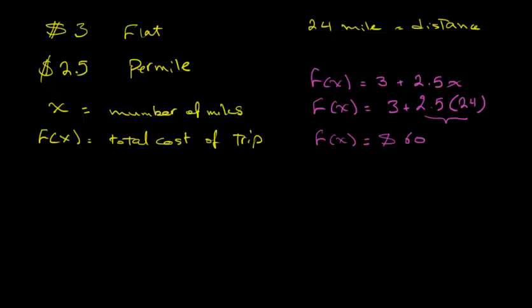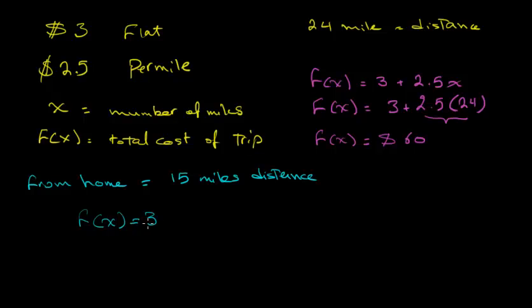Now, what if you take a taxi from your home that is 15 miles away? Then you write that from home the distance is 15 miles. So you write f of x equals $3, which is the same, plus 2.5 per mile, which here is 15.